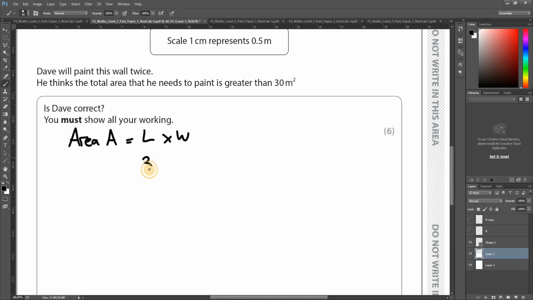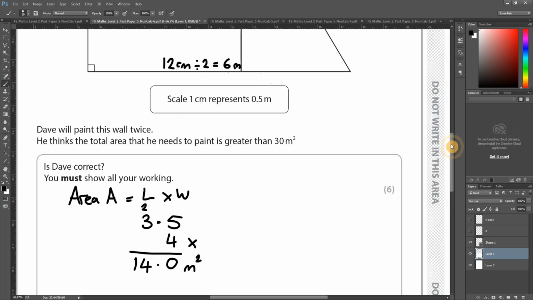So we're going to have to do it like this. 3.5 times 4. So 5 times 4 is 20. Carry the 2. 3 times 4 is 12, plus the 2 is 14. And you have 1 decimal place in total, so that's going to be 14 meters squared. Okay, so that's area A done.